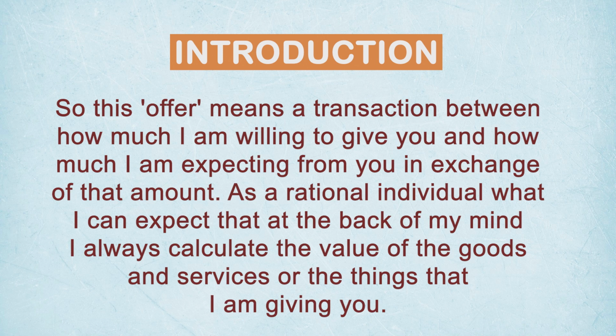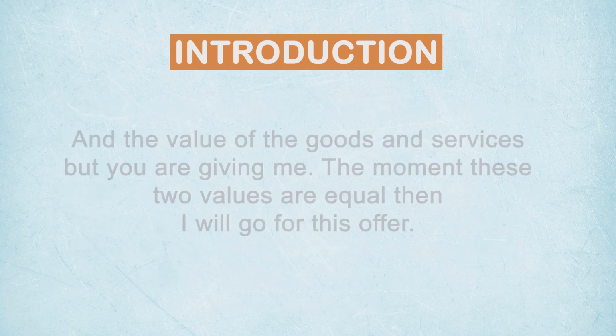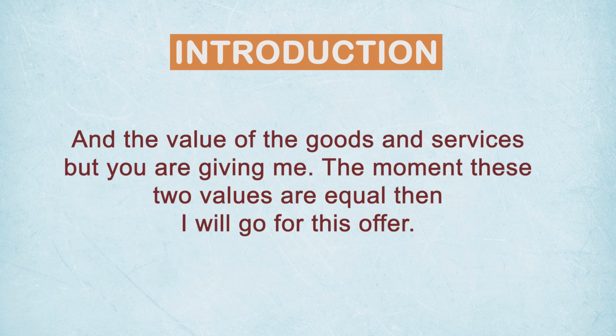Now, as a rational individual, in the back of my mind, I always calculate the value of the good or service or the thing that I'm giving you and the value of the good or service or whatever that you are giving me. The moment these two values are equal, then I will go for this offer.